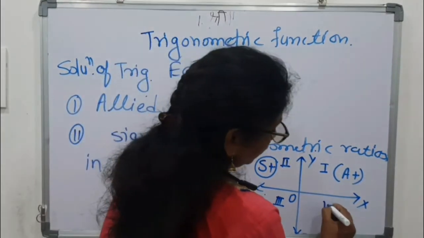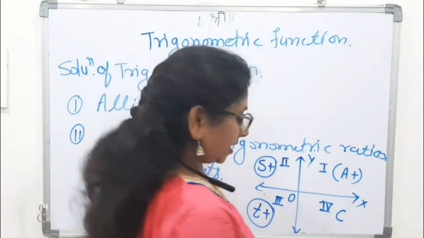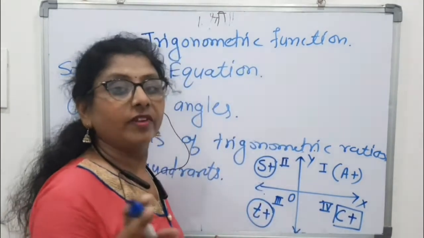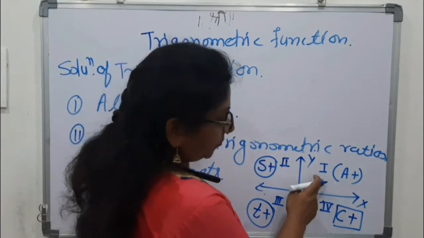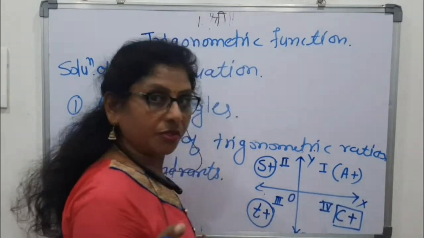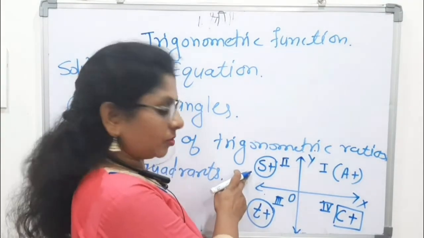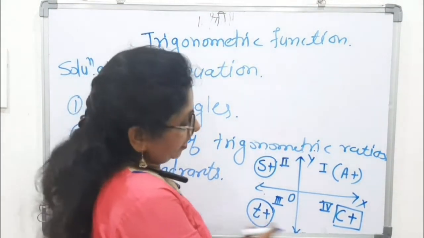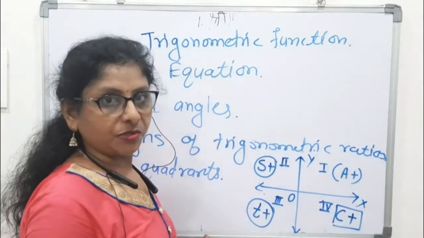In the fourth quadrant, only cos and hence sec will be positive. The remaining four ratios will be negative in the fourth quadrant. It means in the first quadrant all ratios are positive. In the second quadrant only sine and cosec will be positive. In the third quadrant tan and cot will be positive, and in the fourth quadrant cos and sec will be positive.